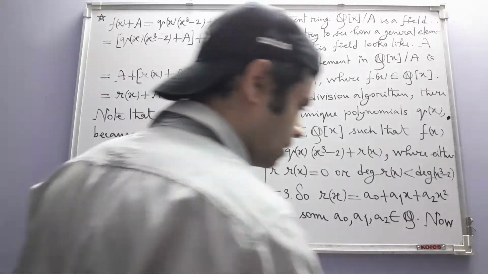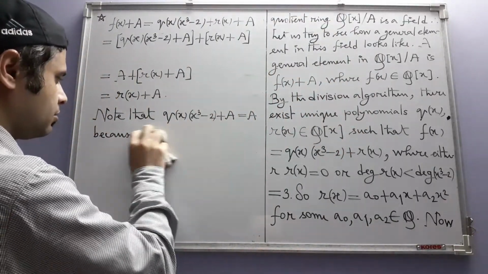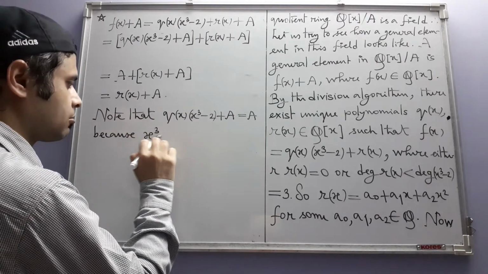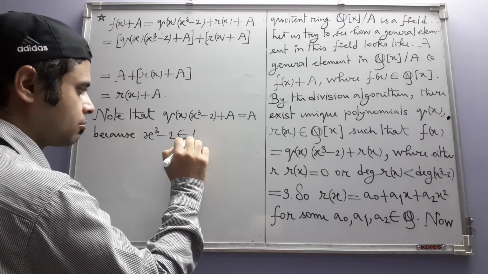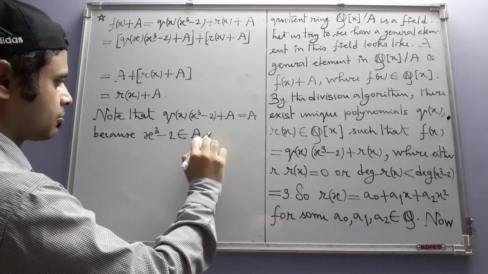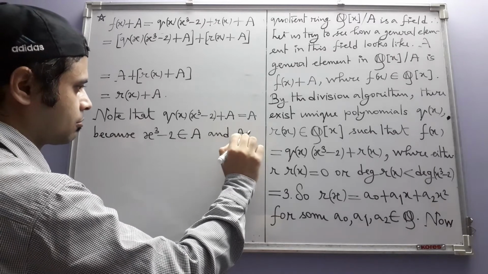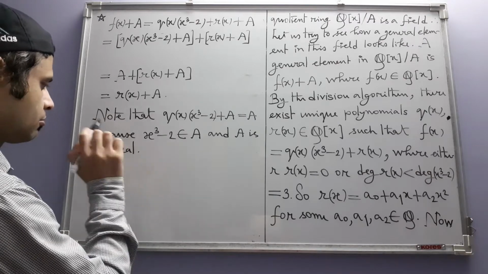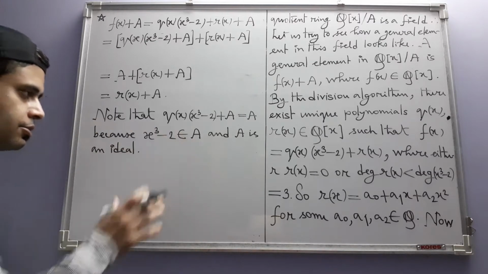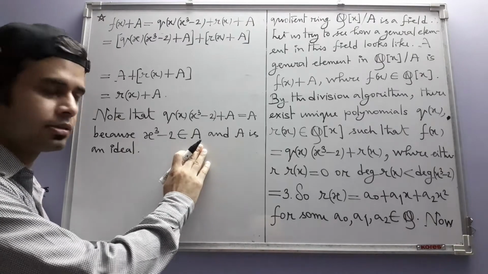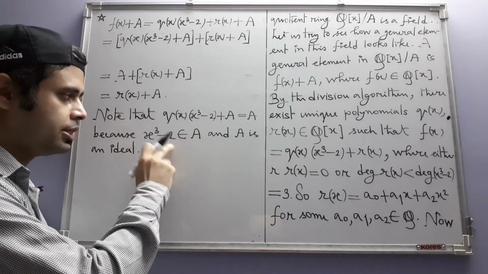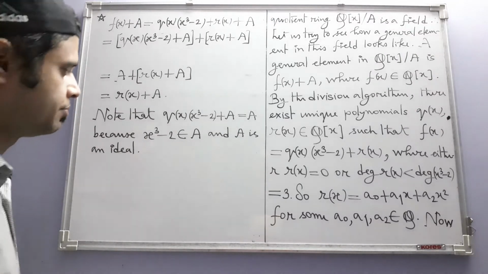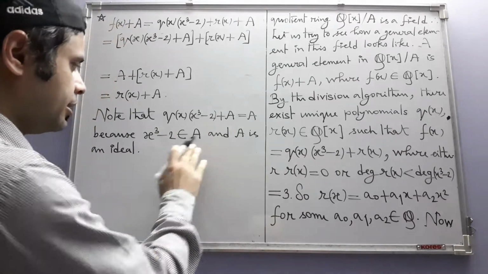this will belong to A. There is no doubt about this. x cube minus 2 generates A. So in particular, x cube minus 2 is an element of A, and that is because the ring has a unit element.